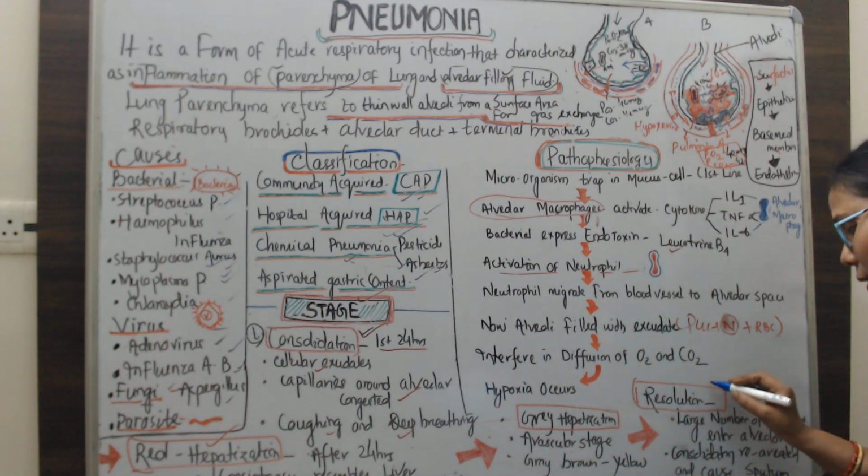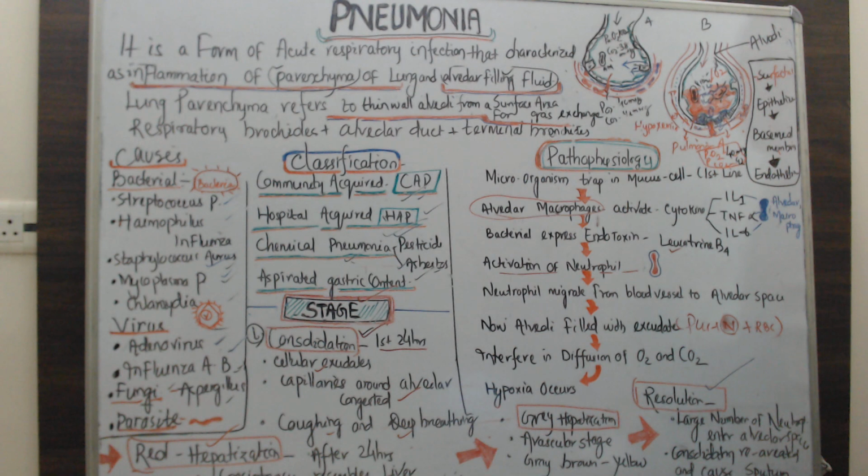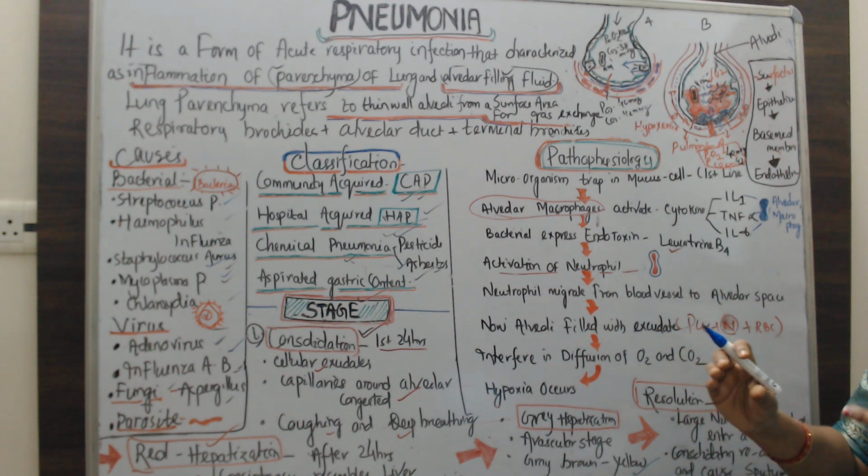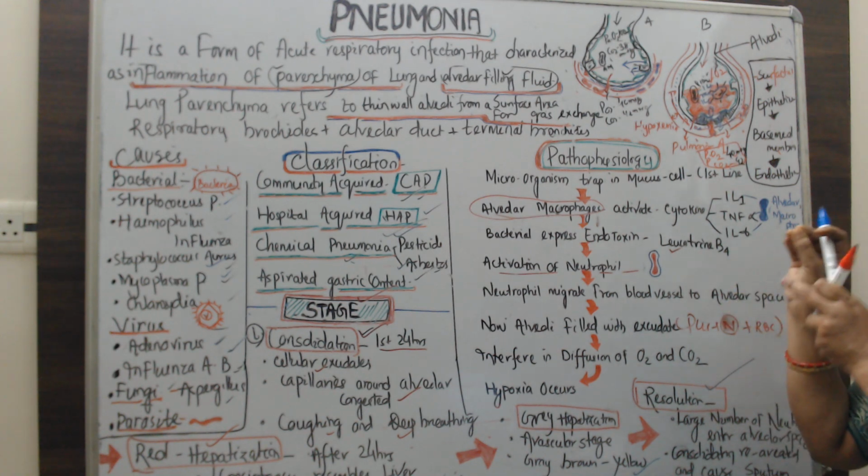And the last one is the fourth stage, the resolution. What is resolution? In pneumonia, there is sputum. This sputum is yellow, the yellow color of the destroyed RBCs and neutrophils.